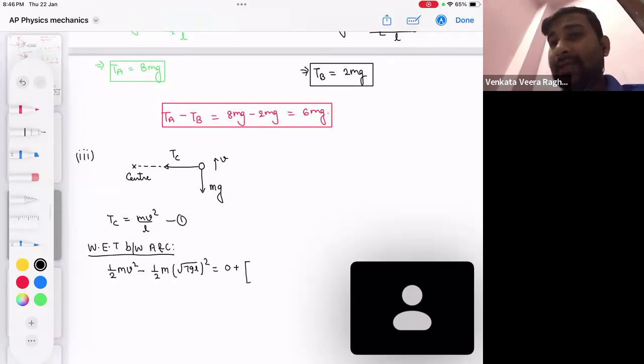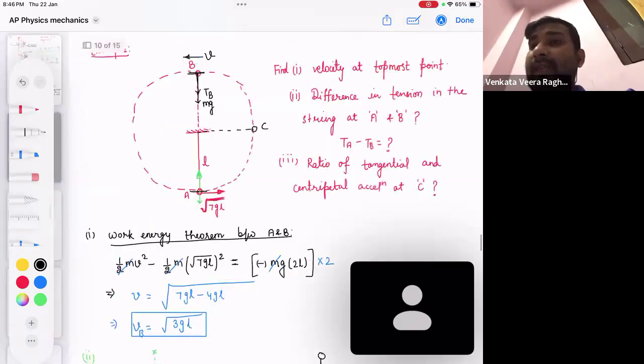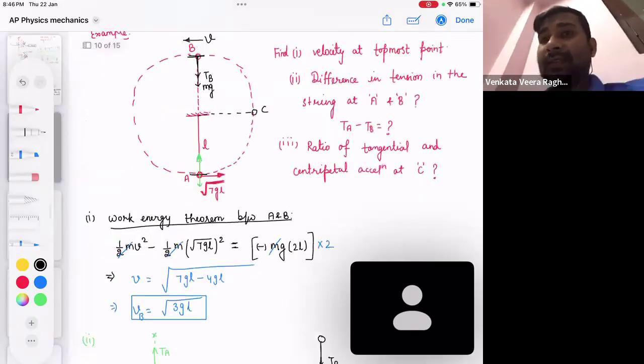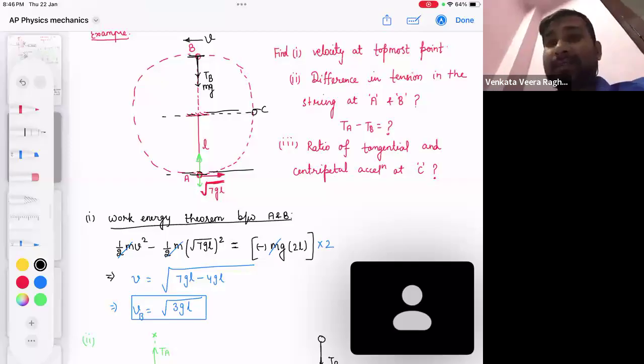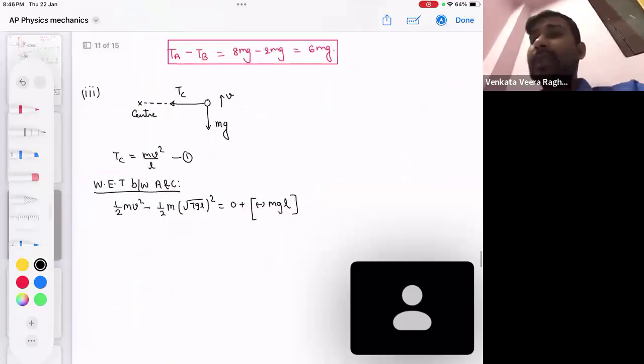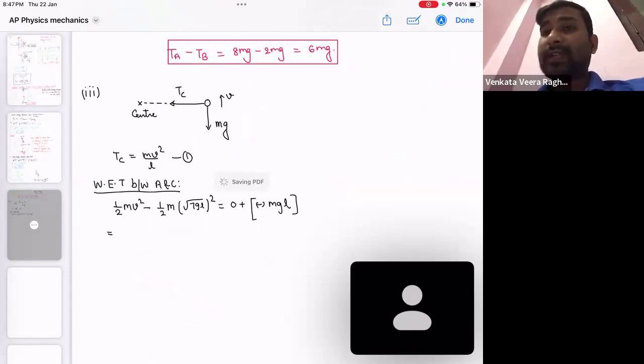Gravity work done is negative mg times the height difference between A and C. Looking at the diagram, this is point C and this is point A. The height difference is equal to the radius, which is L given in the question. So if you calculate it, what do we get for the velocity at point C? 7 minus 2, root 5 gL.